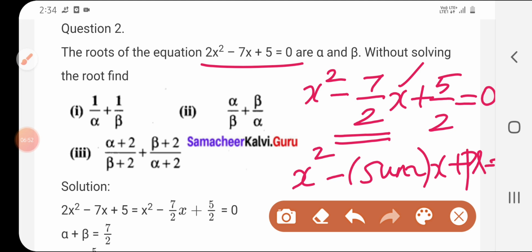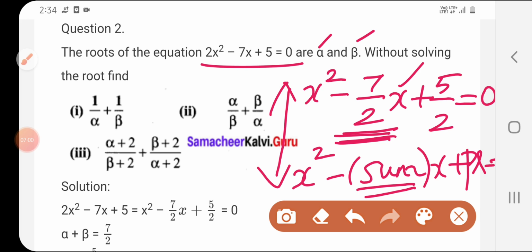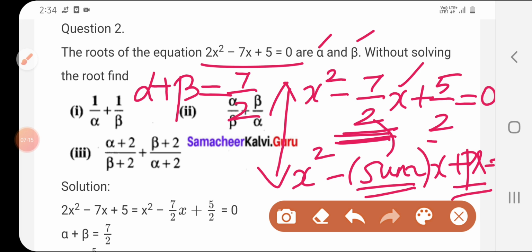When we equate this, we get the sum of the roots as 7 by 2. Here the roots are alpha and beta. Sum of the roots means alpha plus beta, we have to add the roots. So alpha plus beta equals 7 by 2. Same like product of the roots is the constant term.